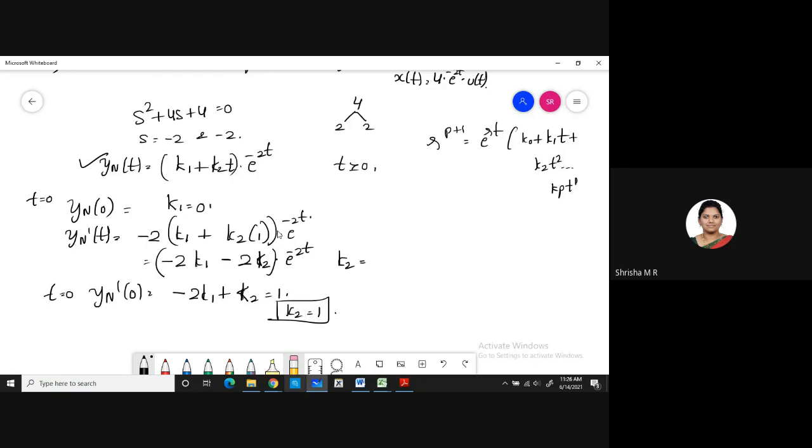Yes, you have t into e power minus 2t. Try doing that. If you use the UV rule, you'll get the same. No, ma'am, I will get k2 equals 2. You will get 1. Check that. Okay, ma'am.